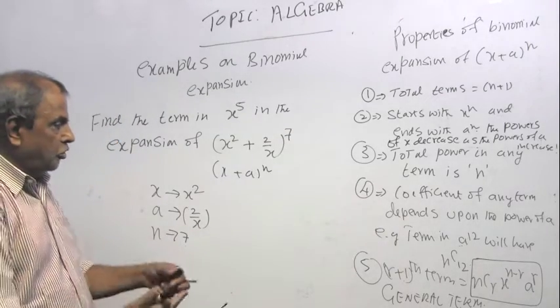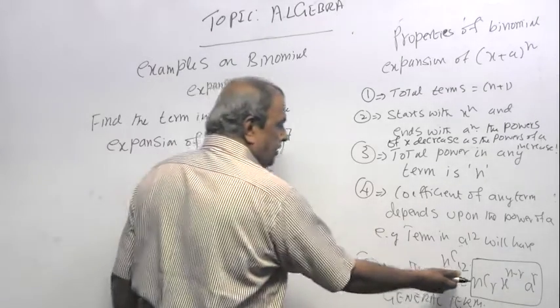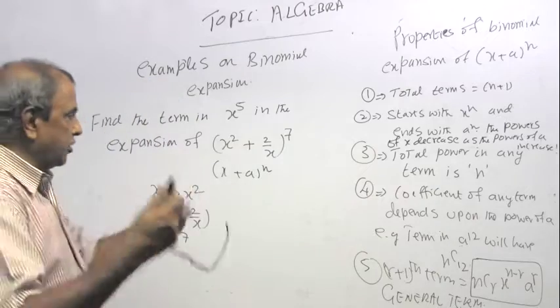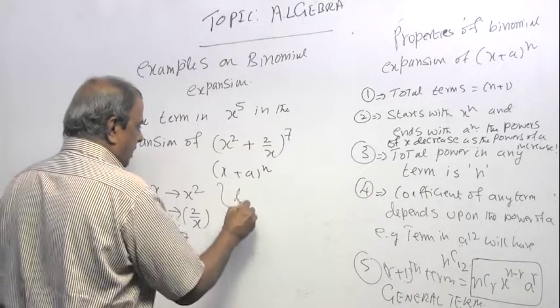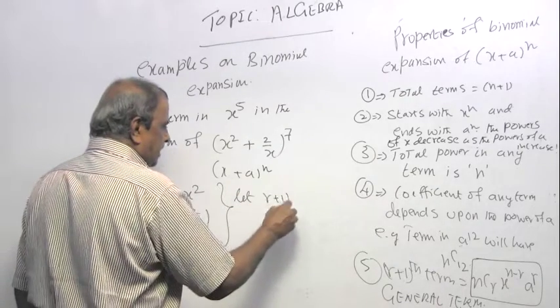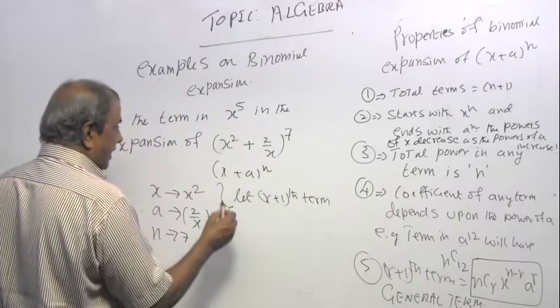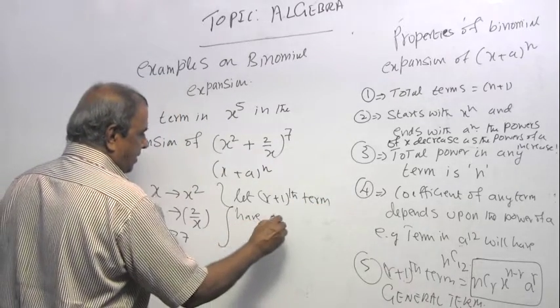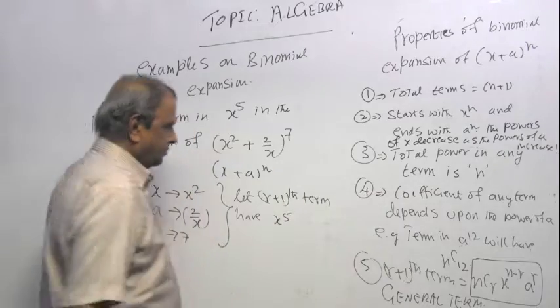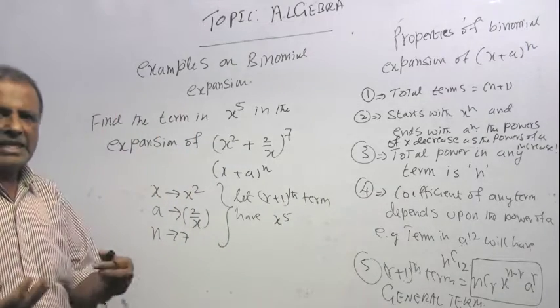Now, you assume that the r plus 1th term has the power you want. So, let the r plus 1th term have, I don't know if this will work, I'm hoping it works, x power 5. I need to find that term.